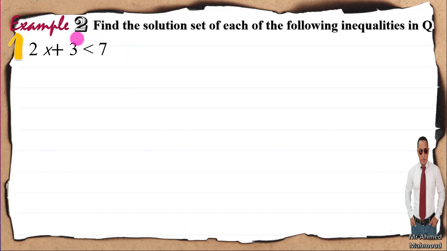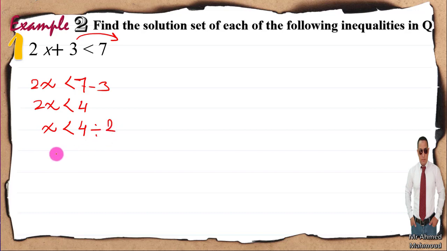First, I'm going to send 3 to the other side. So 2x less than 7 minus 3. So 2x less than 4. And now I'm going to send the 2 as divide. So x less than 4 divided by 2. So x less than 2.